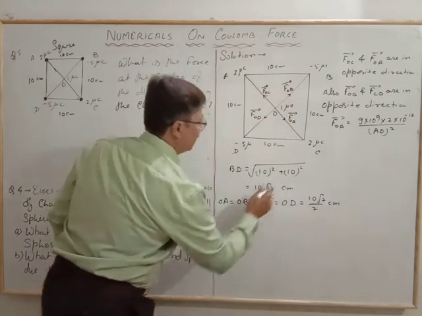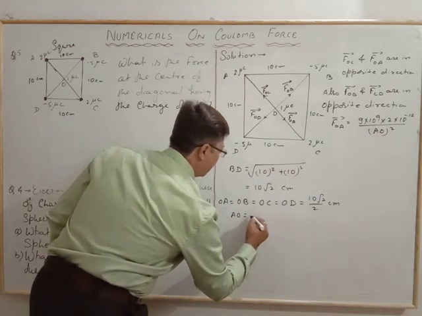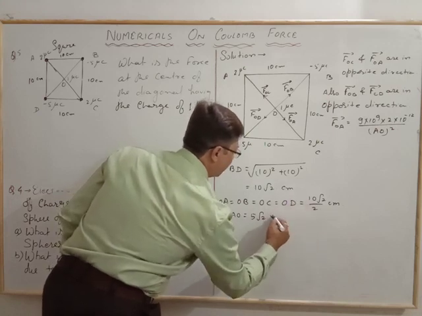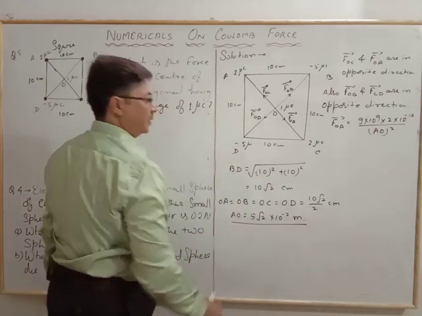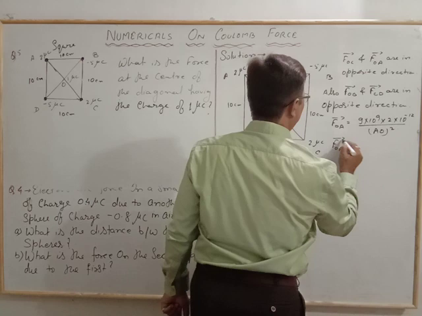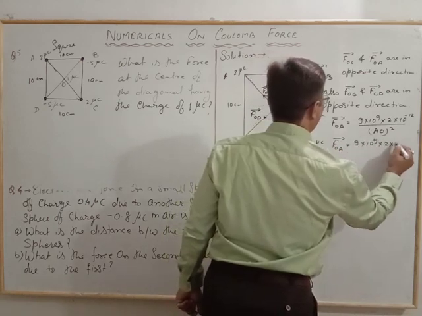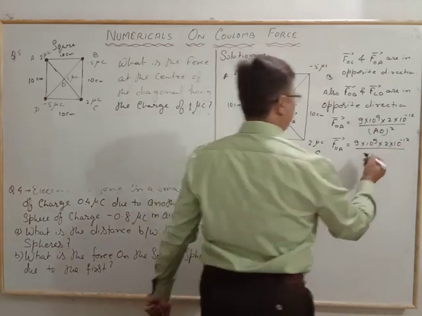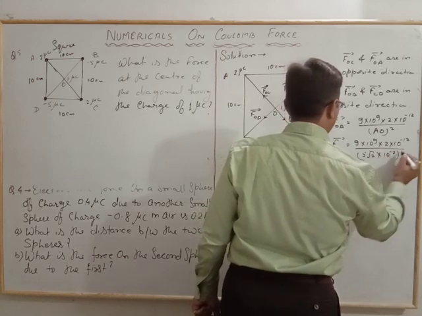So in place of AO, we will write AO is equal to 5 root 2 centimeter, in meter it becomes 10 to the power minus 2 meter. Now put it here. So FOA becomes 9 into 10 to the power 9 into 2 into 10 to the power minus 12, divided by 5 root 2 into 10 to the power minus 2 whole square.